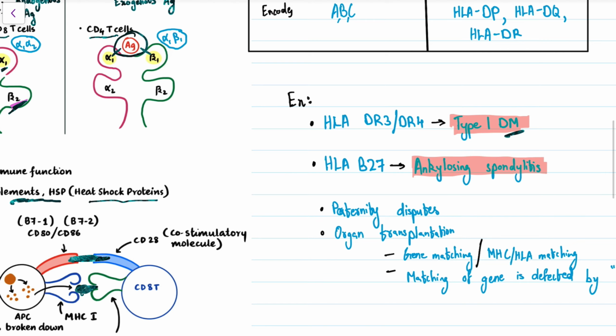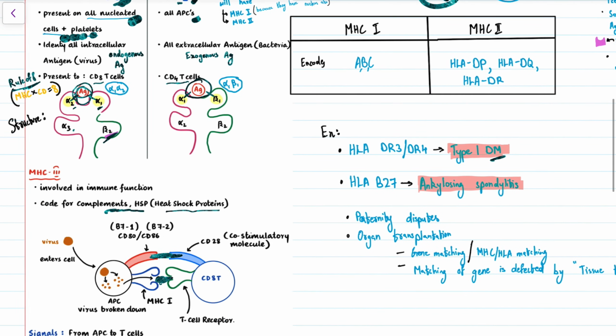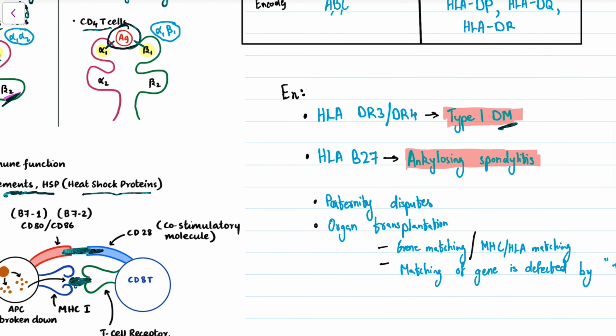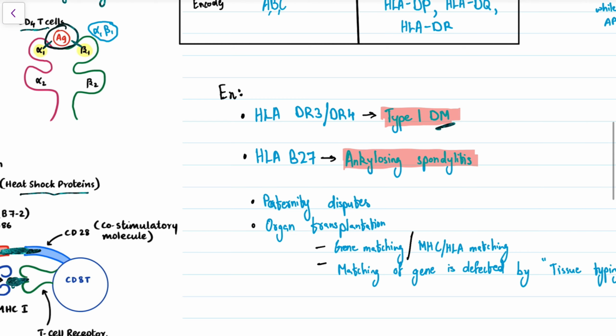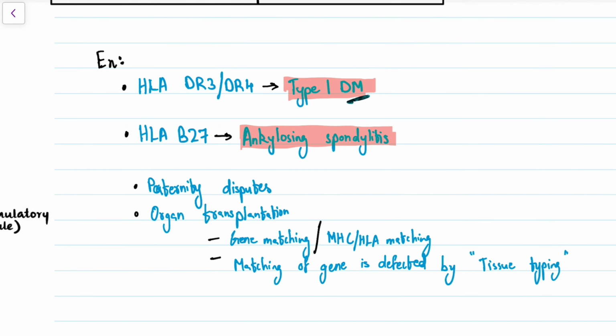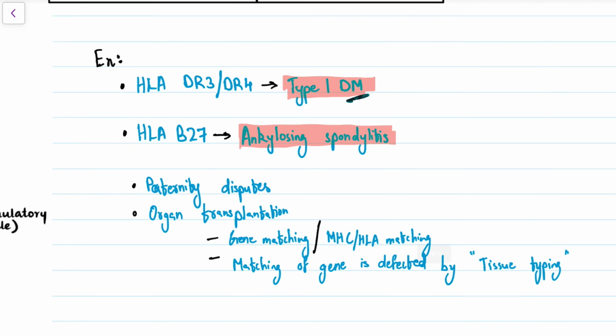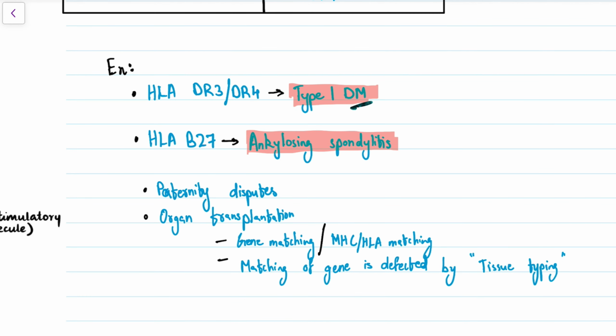Moreover, this antigen presenting and HLAs help in paternity disputes, and play an important role in organ transplantation, because before an organ is transplanted, the HLA and MHC class matching is done, and matching of the gene is detected by tissue typing.